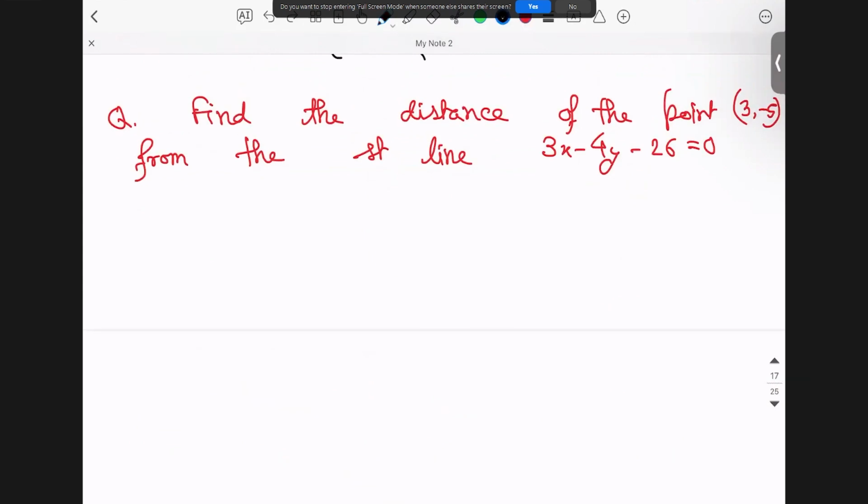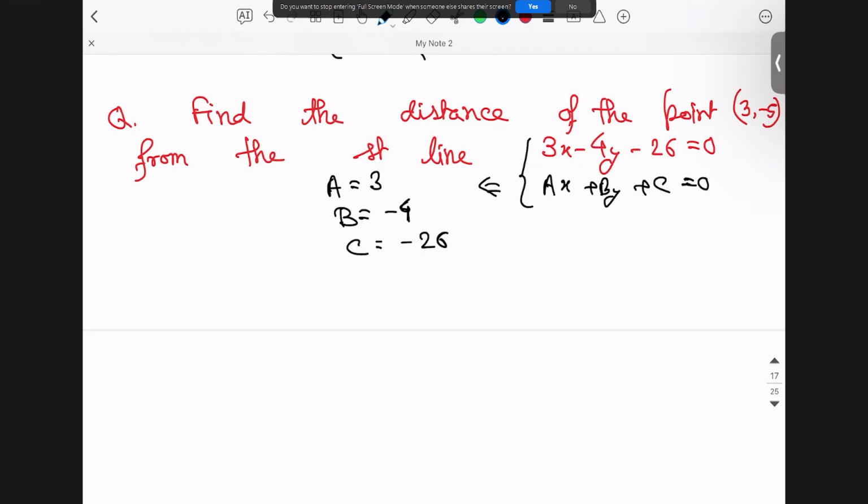So for that, if we compare this equation with the generalized version of the equation of the straight line, then we obtain that a equals 3, b equals minus 4, and c equals minus 26.